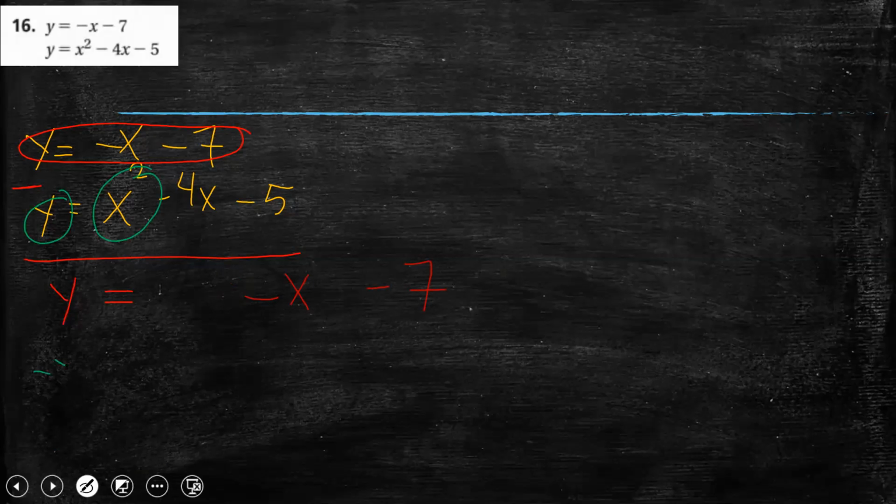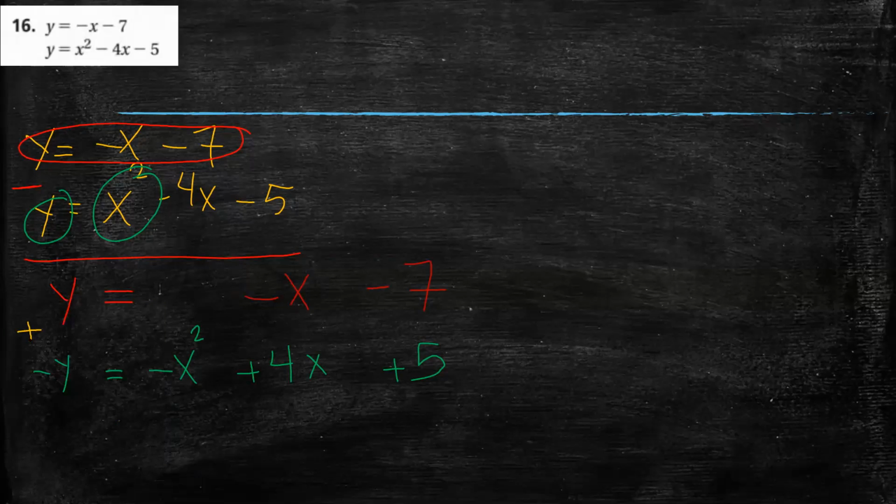For y, it will be negative y. For x squared, it will be negative x squared. For negative 4x, it will be plus 4x. And for negative 5, it will be positive 5. Then, since I changed the sign, here I have to put plus.